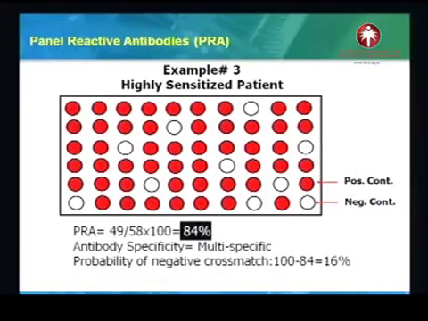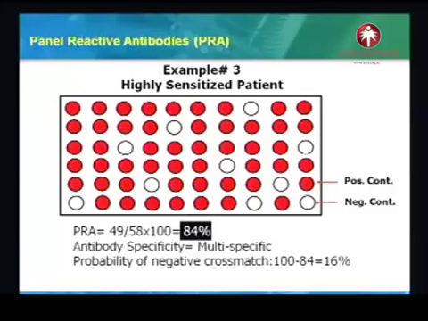But if we have a highly sensitized patient, as in this example, where almost all of the wells are reacting, it's very challenging, but calculating PRA is still possible. Again, we have 49 wells positive over 58. The PRA is 84%. And the challenging part, can we determine antibody specificity?